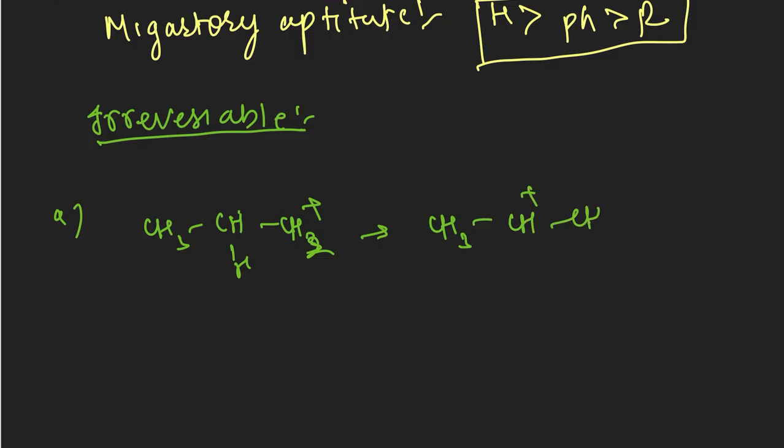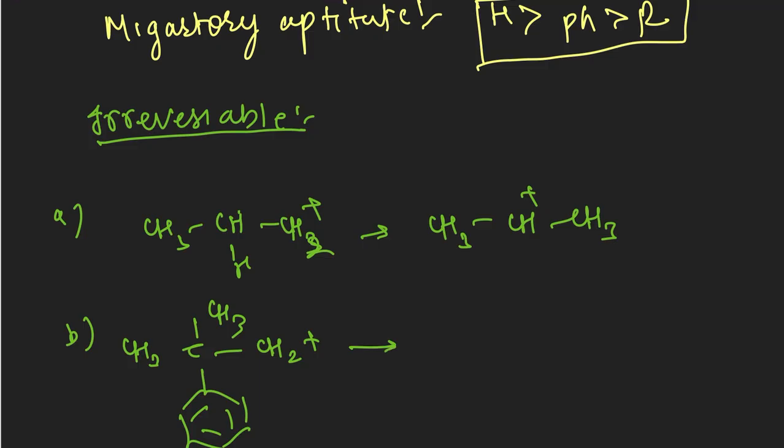B, we have CH3 C CH3 CH2 plus, and we have a benzene ring, a phenyl group. Here the phenyl has to shift because the reaction is irreversible and the migratory aptitude of phenyl is more, so phenyl will shift.